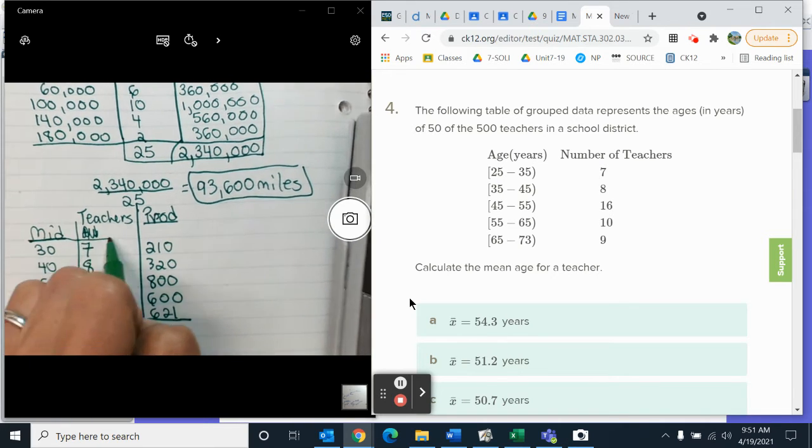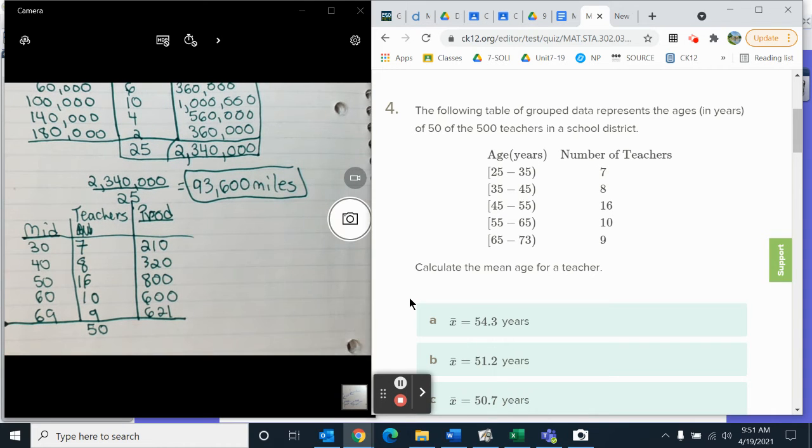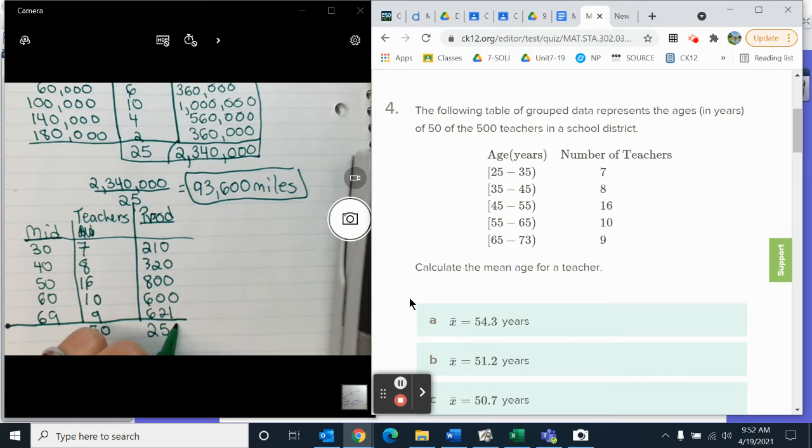Adding up all of our totals, we get 2,551 combined years.